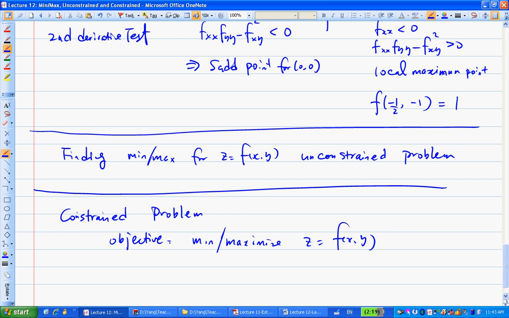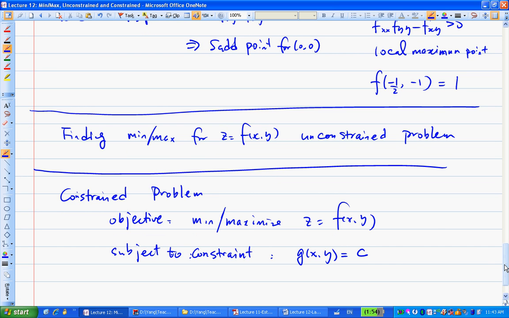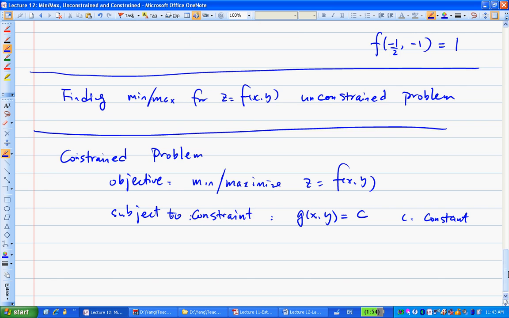However, now you're not just trying to minimize it. You have to be careful. It's subject to a certain condition, which is basically the constraint we were talking about. And we still use a function to represent the constraint. Here's the constraint, and C here is a constant. So that's the more general problem.